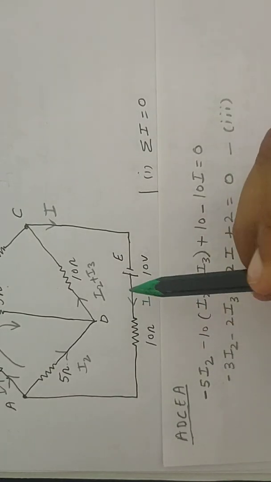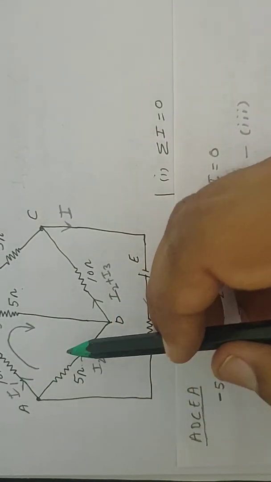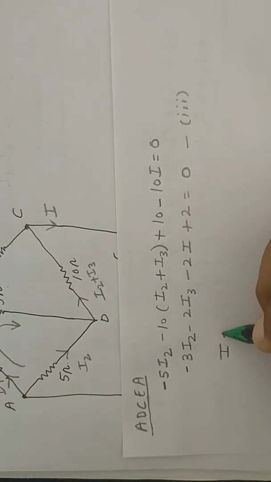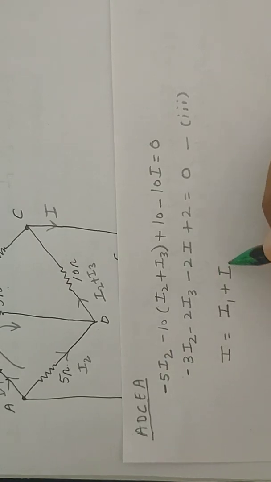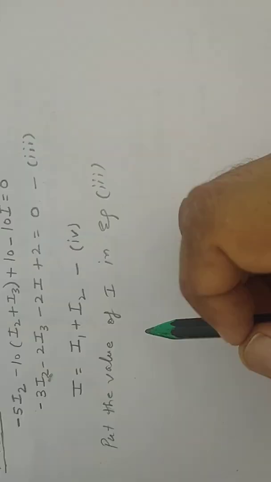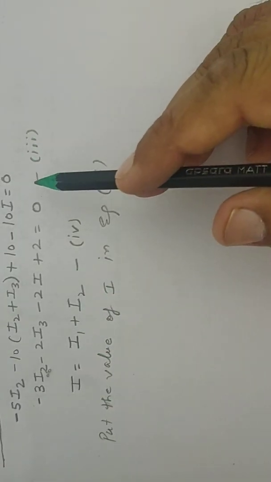Fourth equation we get here: I is coming here, it is divided into two parts, I1 and I2. So we get the fourth equation, I equal to I1 plus I2. So this is the fourth equation. Put the value of I in equation third.